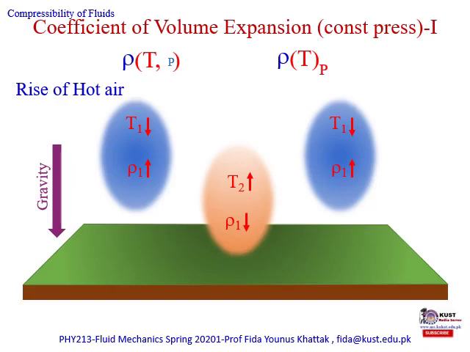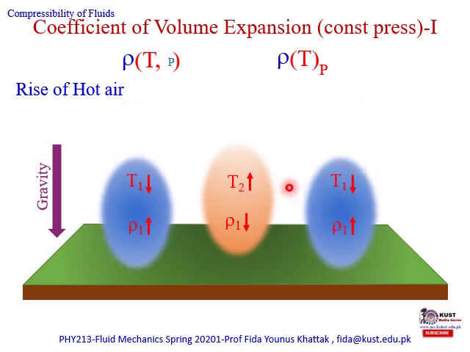Some pockets will have a lower temperature compared to another pocket where the temperature is higher. In the pockets where the temperature is lower, the density is higher than in the pockets where the temperature is higher. Because of gravity, the cold region will sink towards the surface of the earth and spread around it. This will provide a buoyant force that will float the hot air up.